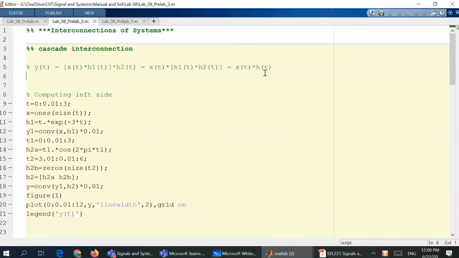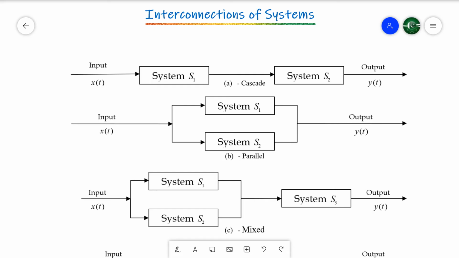This means that in cascaded connections, if you have multiple systems, you can combine them, you can multiply their impulse responses, and you will get an equivalent impulse response. इसका क्या मतलब है? इसका मतलब है कि if you have multiple subsystems in series, you can multiply their impulse responses, you can get one greater system, and this will be the equivalent of all of these systems. और उसका जो impulse response होगा, we can call that impulse response as H.